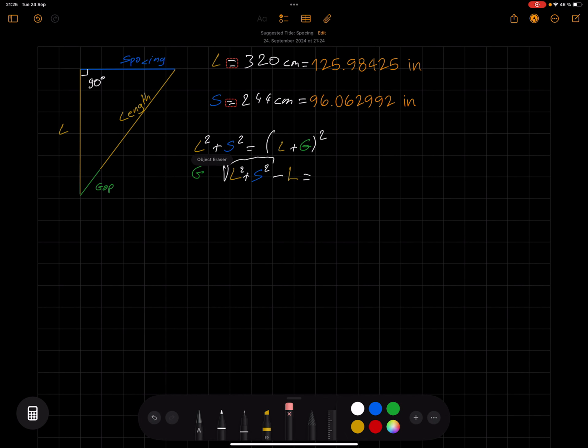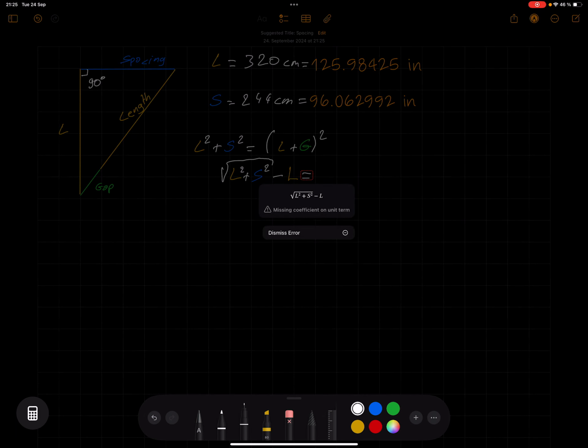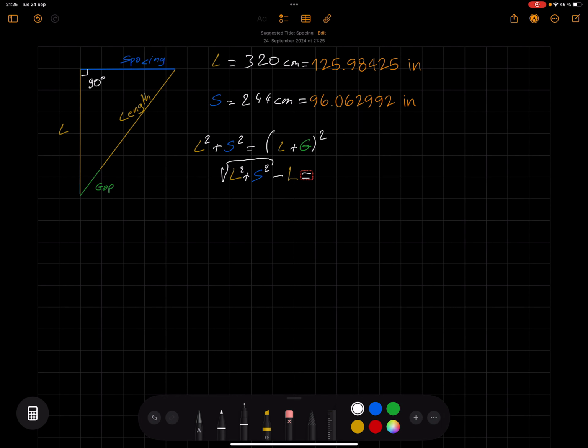So what I do, I erase G, I will do this one better. And now let's see. Again, so a lot of reset, and still it doesn't work. Missing coefficient or unit. I mean, come on, I have everything here.